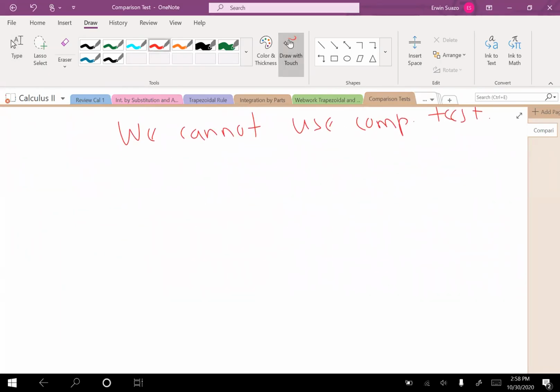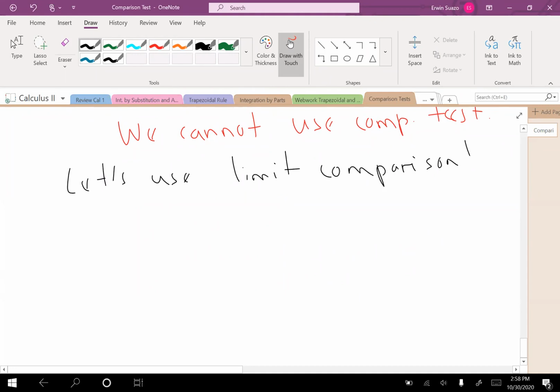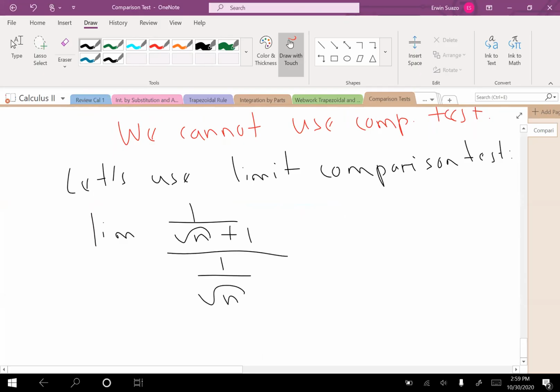So let's use the limit comparison test. Let's compare the limit of 1 over the square root of n plus 1, over 1 over square root of n, as n goes to infinity.